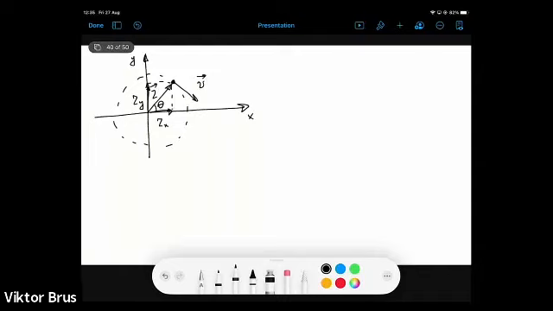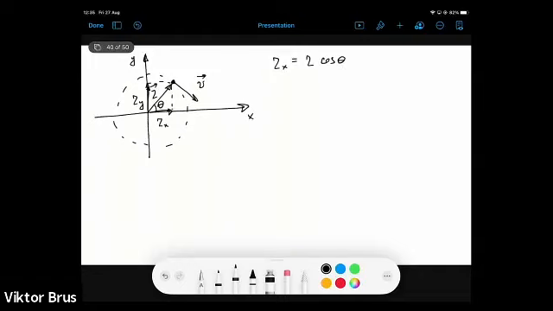We already shortly discussed this, but you can see from this triangle with angle theta, it's a right-angle triangle, so we can easily define this projection. So rx is equal to r times cosine theta.